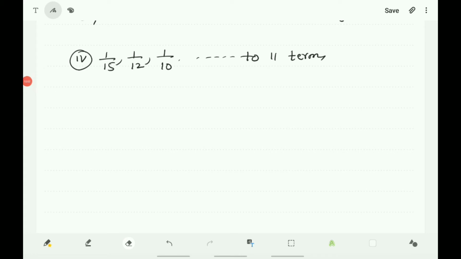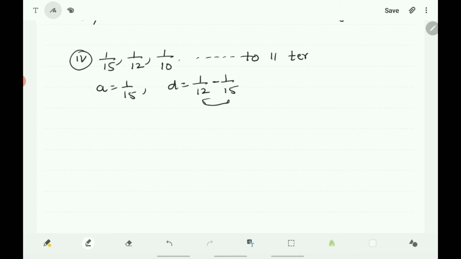Take the fourth question of the first main. Find the sum of the AP 1 by 15, 1 by 12, 1 by 10, and so on to 11 terms. Here A is equal to 1 by 15. D is equal to 1 by 12 minus 1 by 15.